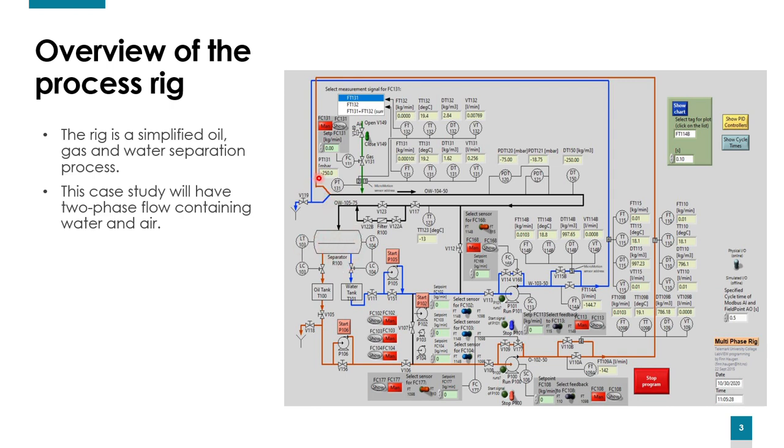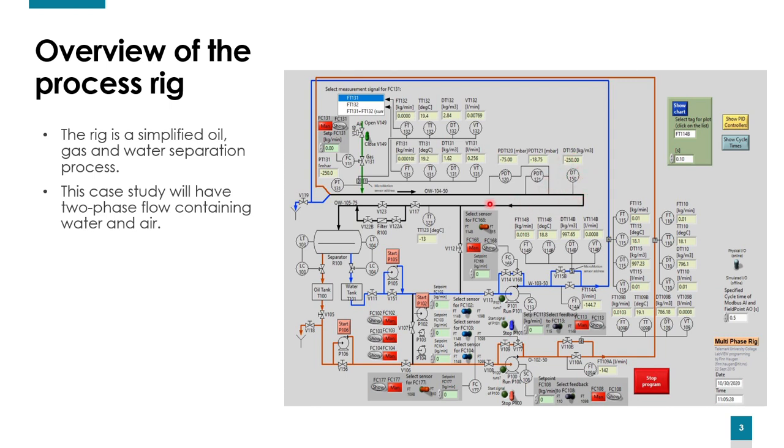So this can be the well, with oil, water and air coming in here. From here you can simulate that this is a well coming into this straight pipe segment where there are a lot of measurements, the acoustic emission sensor, densitometer and so on.